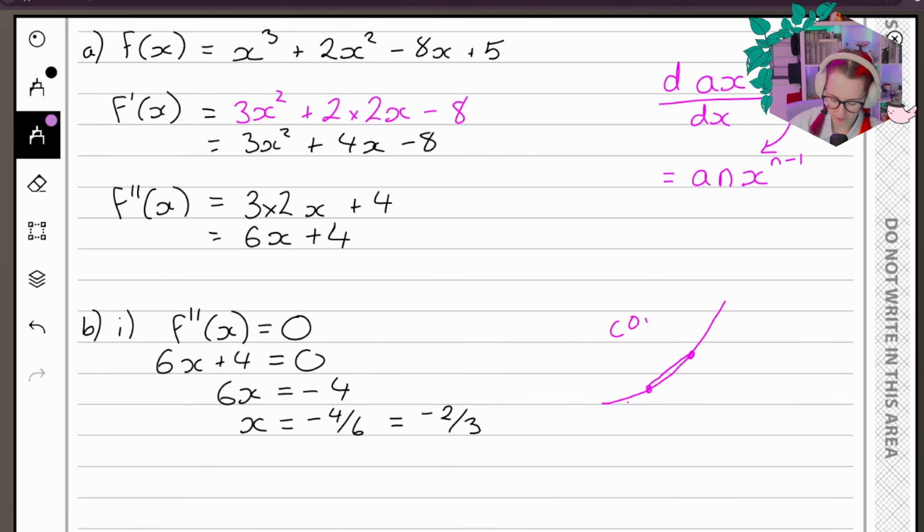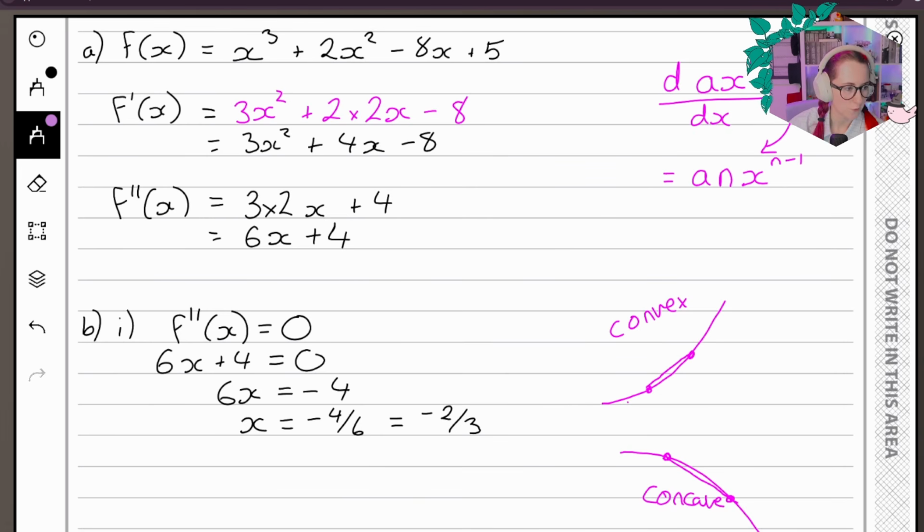So this one would be convex, whereas here you take a point and a point past it, and you connect the two, and it sits below, concave. And if it's a straight line graph, then it's sort of both at the same time.